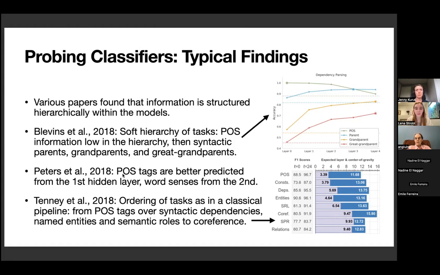So if you would build a pipeline where you use information from lower level tasks for higher level tasks, that would be how you build it. And they found that the BERT model is maybe organized in a similar way, if you can say it like that.